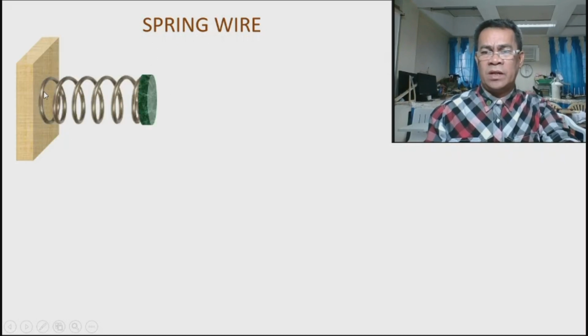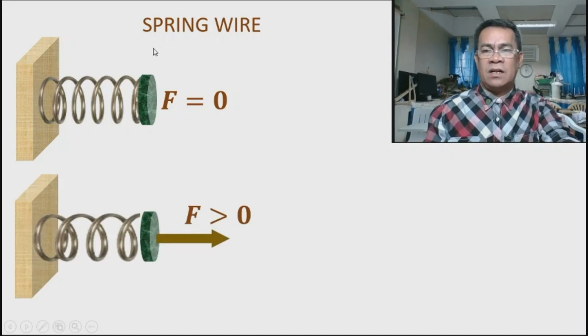One end is fixed on the wall, and we have this as the free end. At this point, there is no force applied on it, so this is the stable position of the spring, the uncompressed, unstretched length. Call this our reference line.